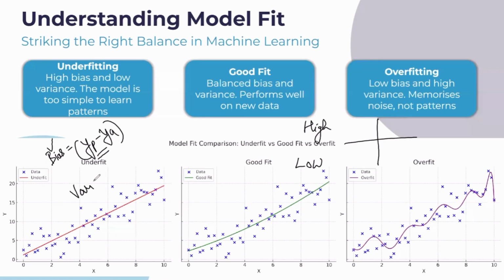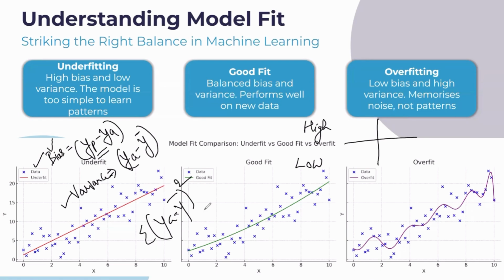What is variance? Variance is y actual minus y average. If this difference is more, variance is more. Precisely, variance is the summation of y actual minus y average to the power of 2, you remember that, divided by the total number of observations, which gives variance. And the square root of it is the standard deviation.